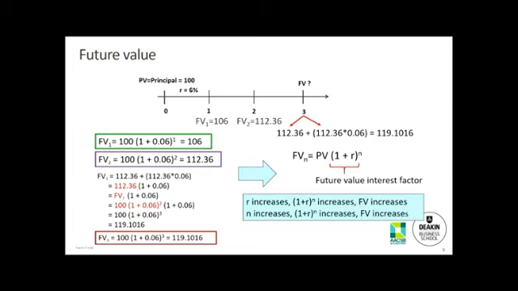We have the future value equation. Future value equals the present value times (1 plus r) to the power of n. r is the interest rate, and n is the number of compounds or number of years. If we compound the cash flow annually, n represents the number of years.